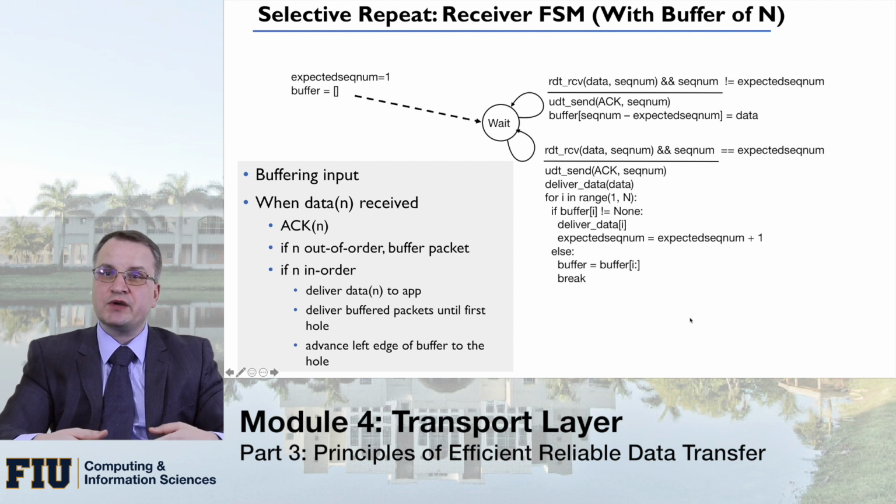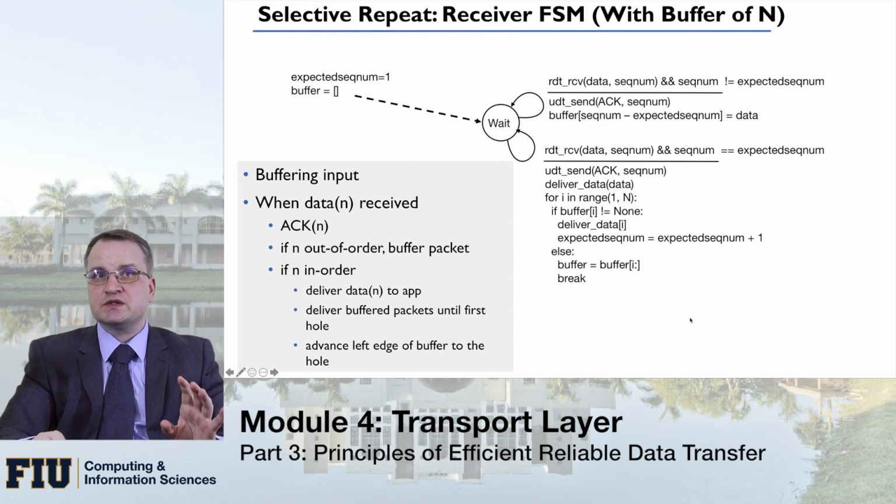If it fills the hole, then you have to deliver everything to the application and advance the window. If you receive only one packet in order, then you just advance this window by one and continue waiting. So there is a little bit of complexity involved, but you potentially improve performance significantly in very bad cases.